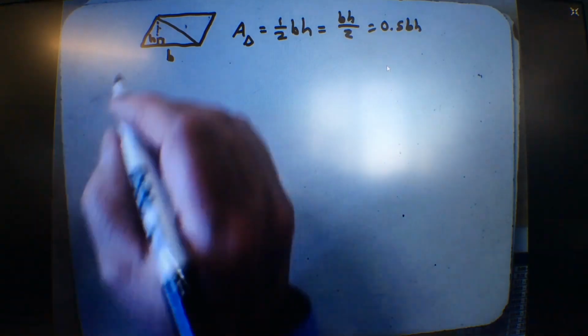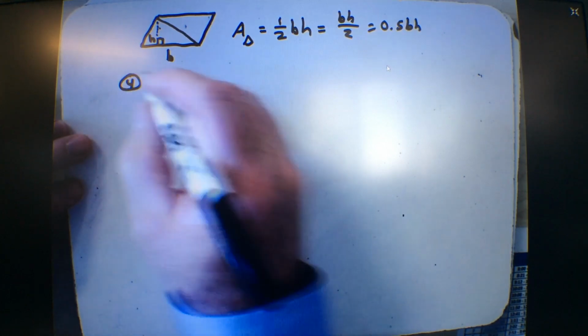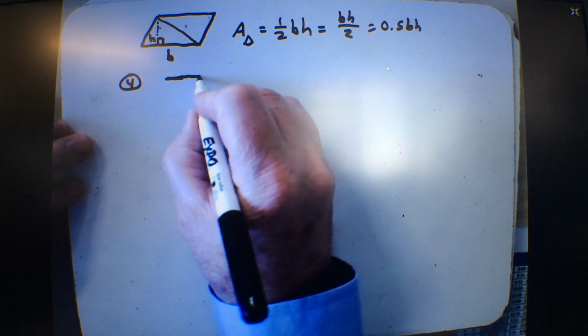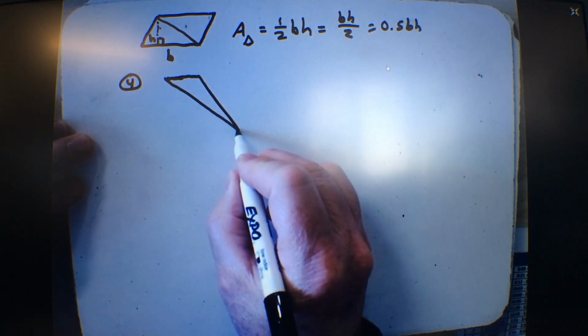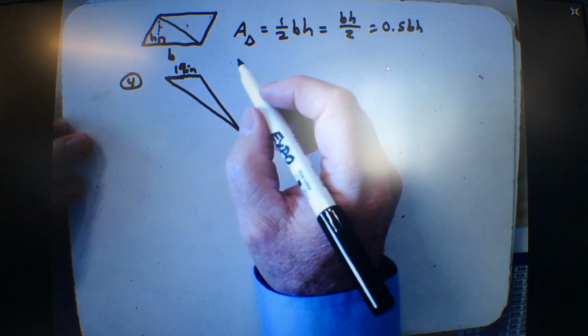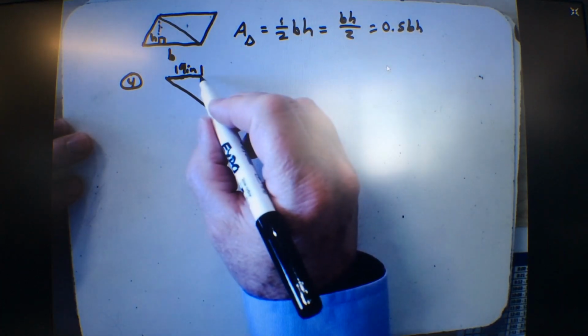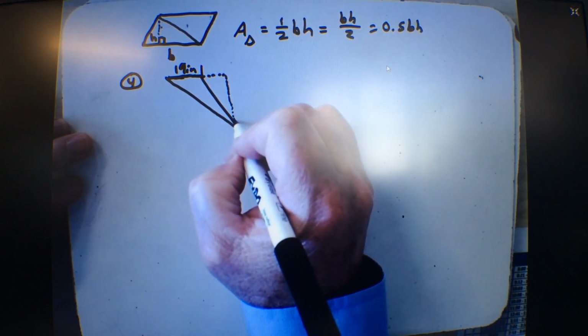Okay, so let's say I'm on number 4, and I have a triangle that looks like this. It's 19 inches from here to here. And then from here, I'm going to pull this out and drop this down. Now what did I do there?